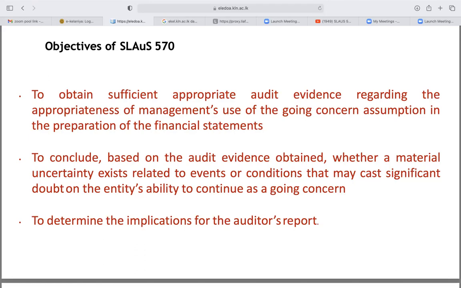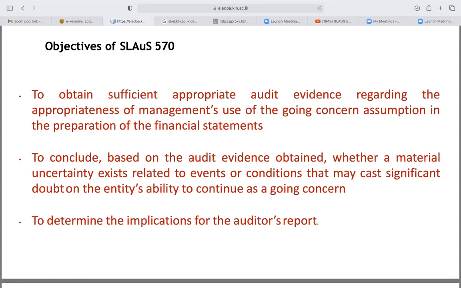Based on an assumption, we can say this company is going up to the foreseeable future, right? So as an auditor, we need to gather sufficient and appropriate audit evidence to prove whether this management going concern assumption is correct or wrong, right?